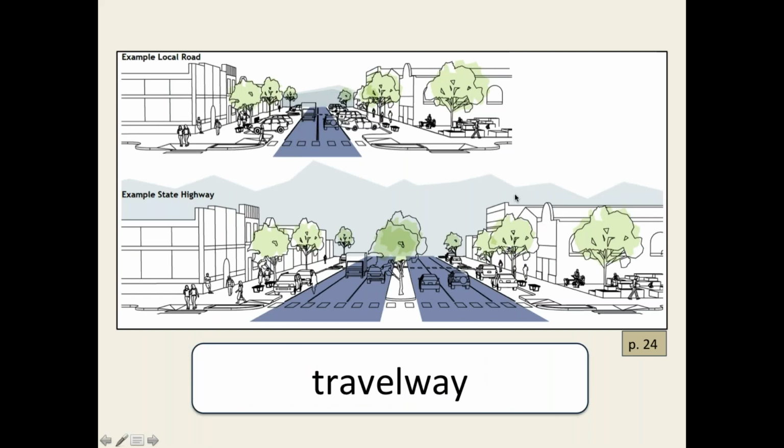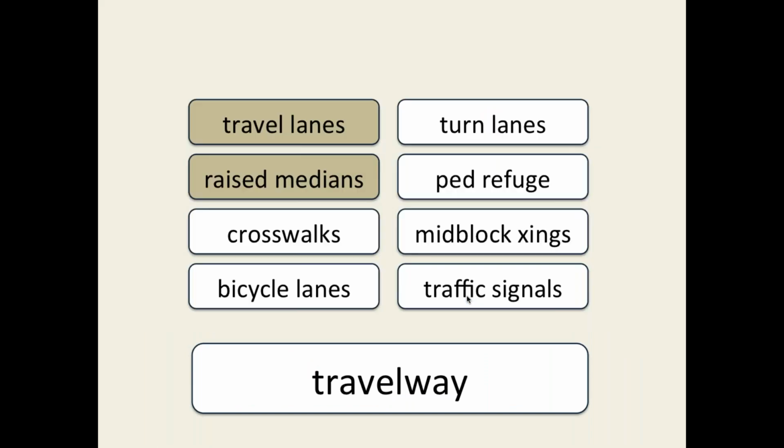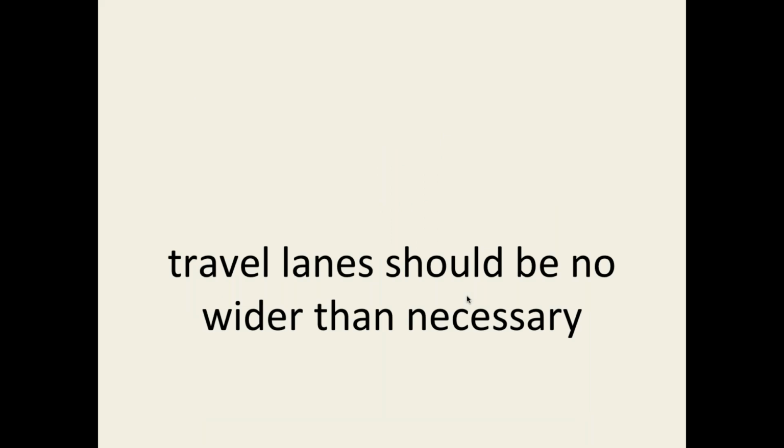It's not where the vehicles are parked, it's the part of the street where we're talking about traffic volume and capacity and so forth. And the manual talks about the travel lanes and their width and design, the turn lanes, raised medians, all of that kind of stuff. We'll just show you a little bit on a couple of those topics, travel lanes and raised medians.